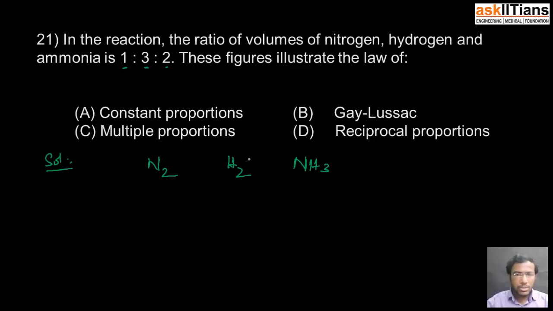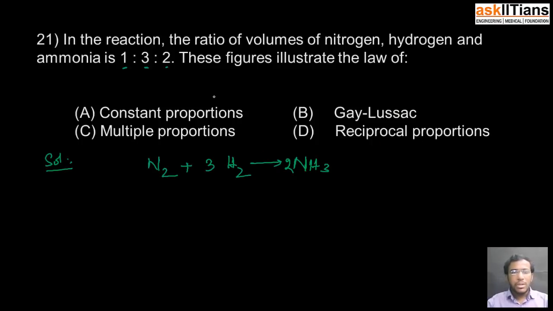Nitrogen and hydrogen react together and form ammonia. So here the ratio of volumes: nitrogen is one volume. N2 plus 3H2 gives 2NH3, that is 1:3:2. These figures illustrate the law of constant proportions, Gay-Lussac's law, multiple proportion, reciprocal proportion.